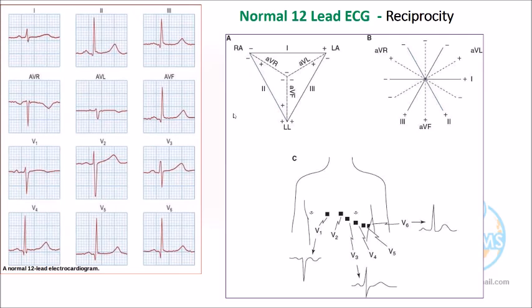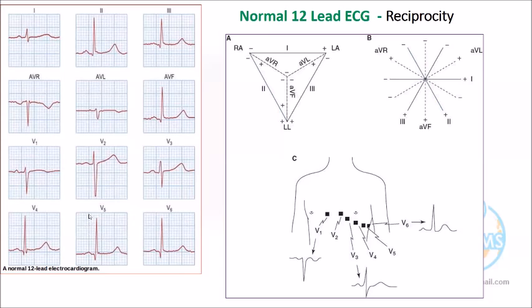If you come to a right-sided lead, like V1, the chest right-sided lead, or AVR, there is no positive deflection and the negative deflection is prominent, and the positive one is very small or absent.